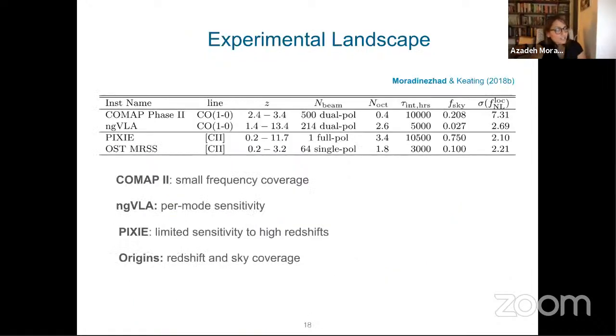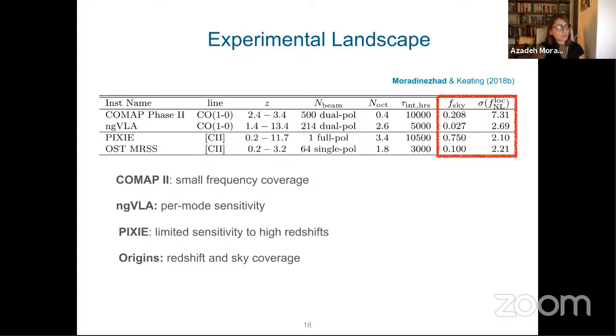Now, the other question is, okay, so we learned about optimal survey design and effectively how the foregrounds can affect our constraints. Can we understand how the current survey designs sit in this landscape, or parameter space, that we probed? And here is what we find.